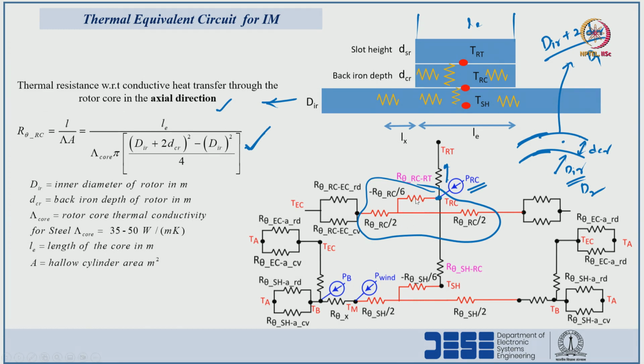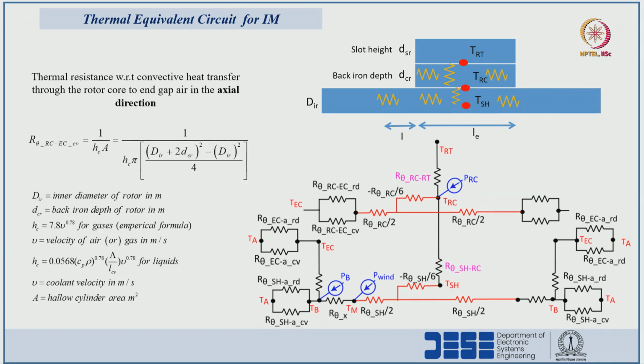So, that axial direction heat flow we have to represent in the T-type manner. Same way for radial direction also we have to represent in a T-type network, but radial direction I am neglecting to minimize the complexity. Only in axial direction of heat flow I am considering and representing the T-type network.